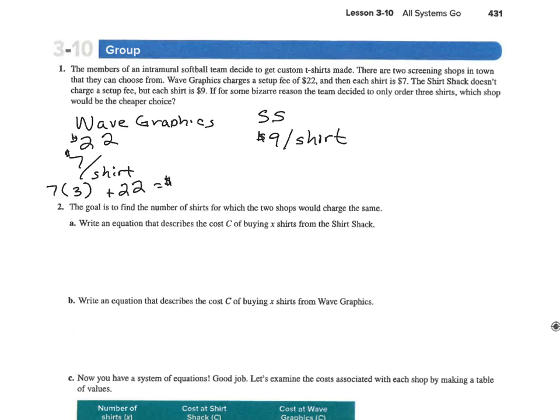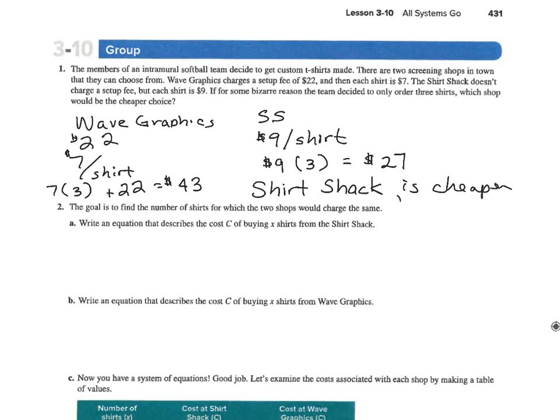So Wave Graphics is going to be $43 right now, whereas the Shirt Shack is going to be $9 times 3 shirts, and that's going to be $27. They asked which shop would be the cheaper choice, so it looks like the Shirt Shack is cheaper for 3 t-shirts.